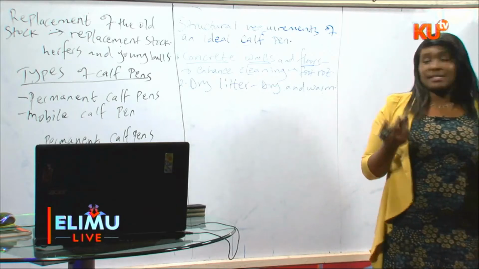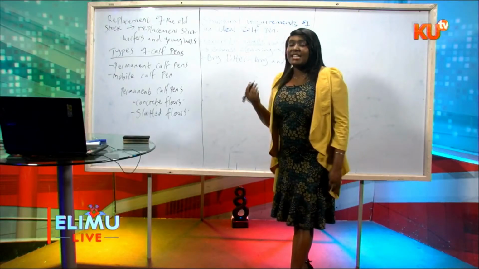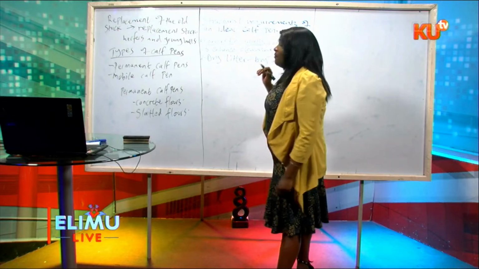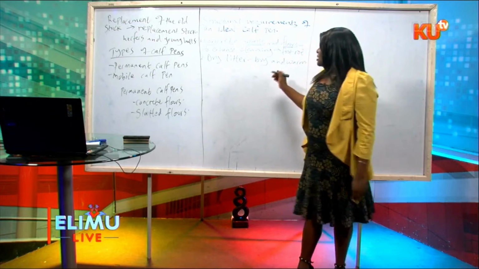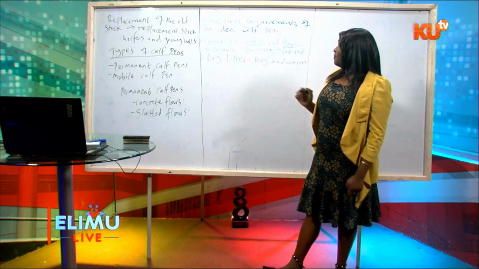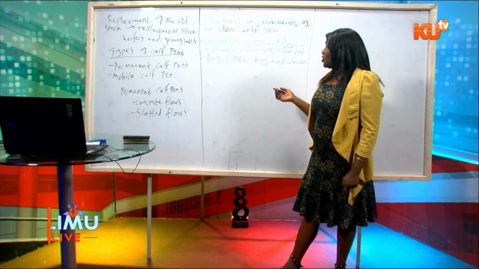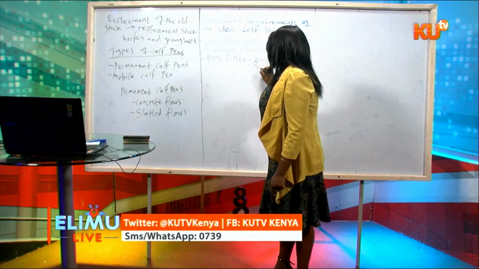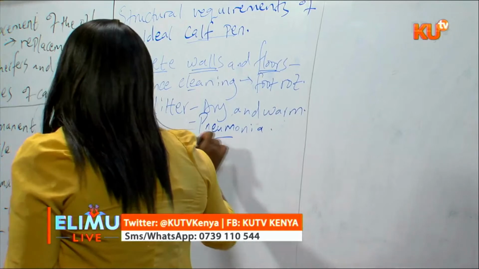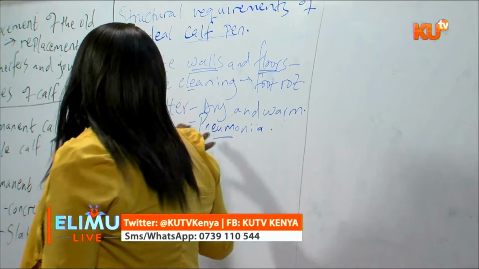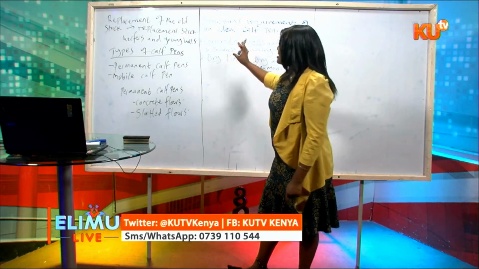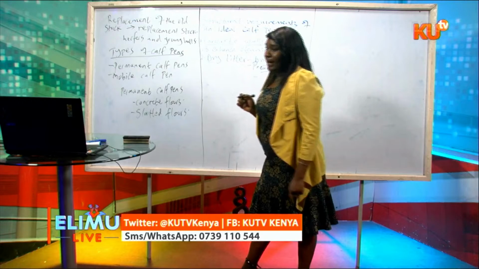Ultimately, you should be asking yourself, why do we need a dry and a warm calf pen. The reason is simply because warmth ensures that the animal is healthy. It does not suffer from cold conditions that can cause pneumonia. Damp conditions in the calf pen can cause pneumonia. So you are trying to get rid of the incidences of pneumonia in the calf pen, and that is why we put dry litter. So that is another requirement of a calf pen.